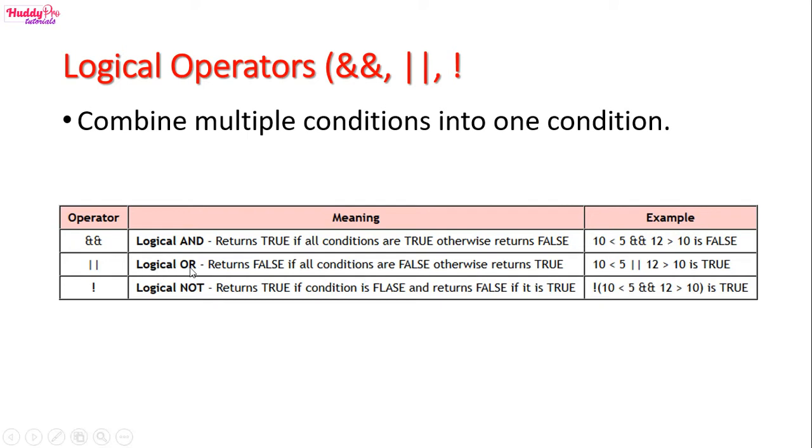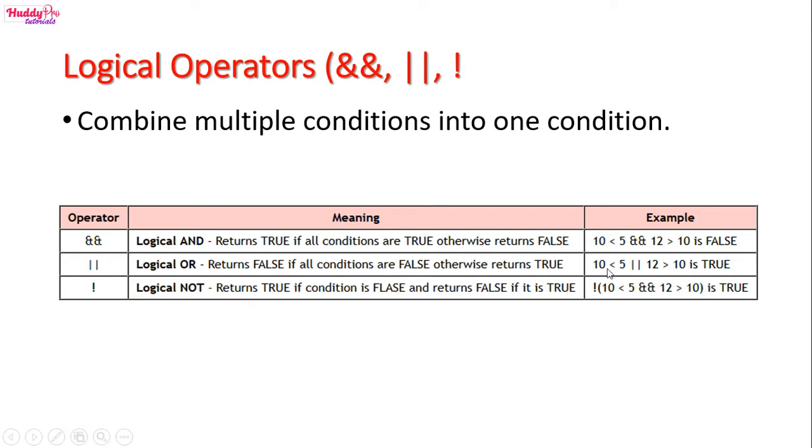For the logical OR to return the false result, both conditions that we are comparing have to be false. Is 10 less than 5? No. Is 12 greater than 10? Yes.